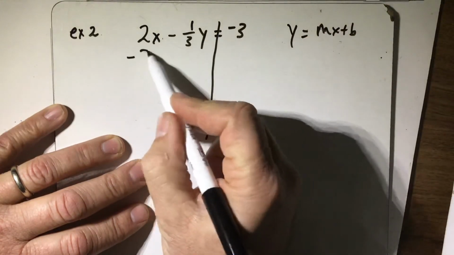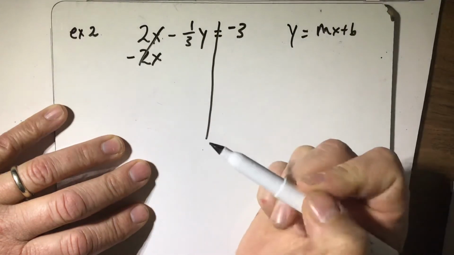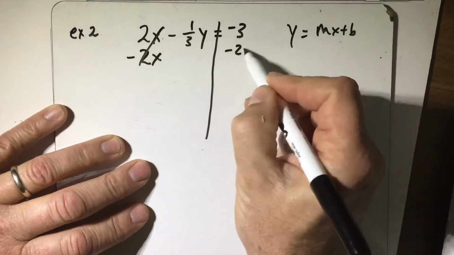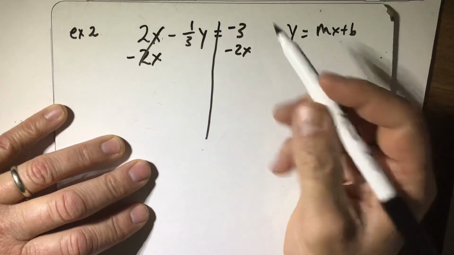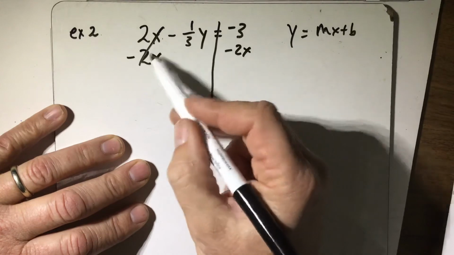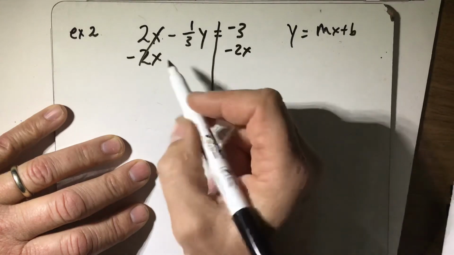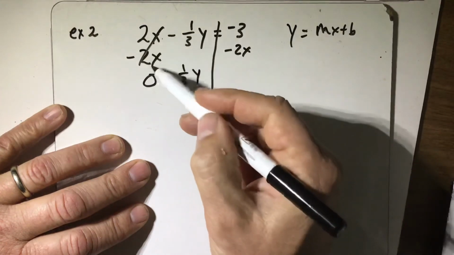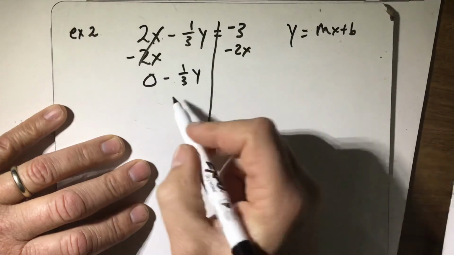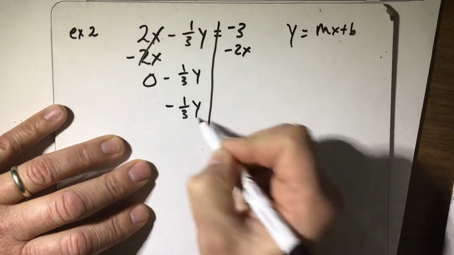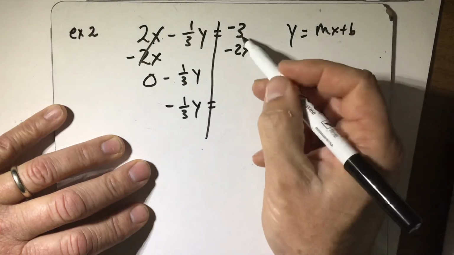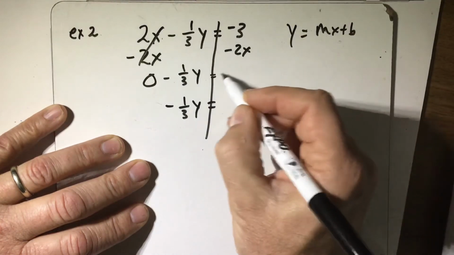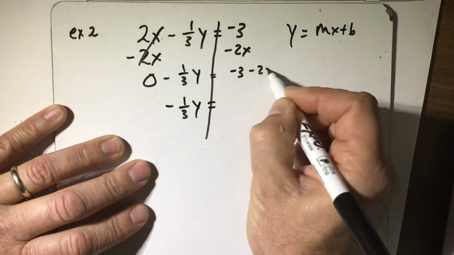So I'm going to do minus 2x here. That makes a 0, it's gone. Minus 2x over here. Now be careful, don't lose this negative. 0 minus 1/3 y is negative 1/3 y equals, over here, I had negative 3 minus 2x.